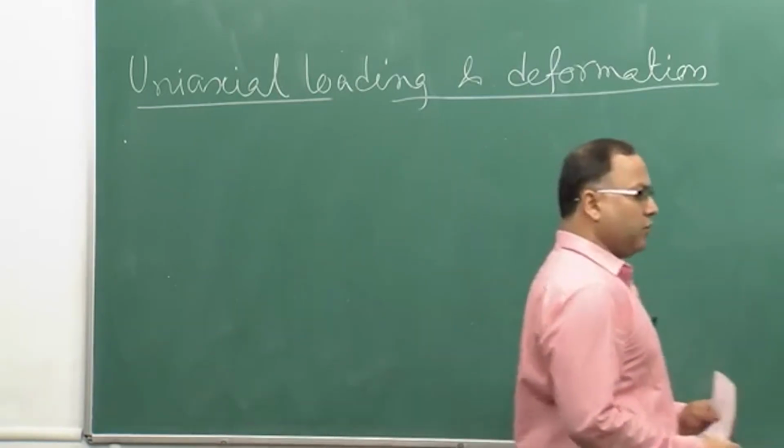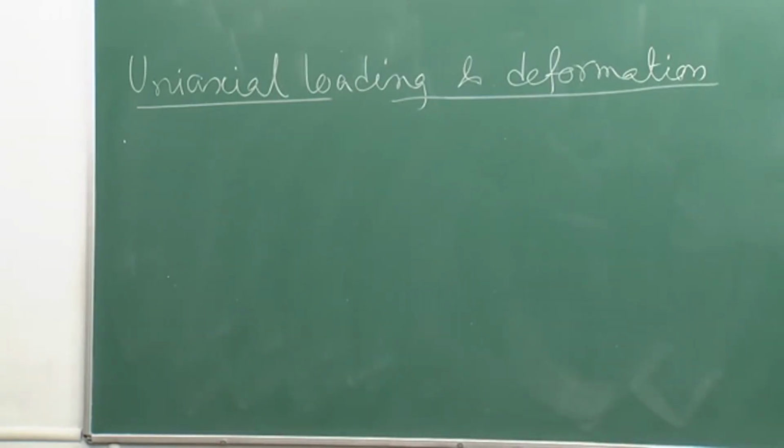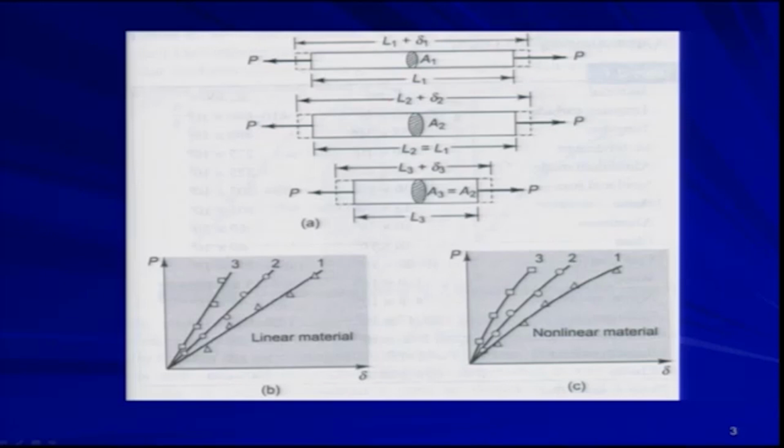Now if you look at the figure, we are taking three different systems. These three are uniaxial members. In this system, L1 equal to L2, which is greater than L3.